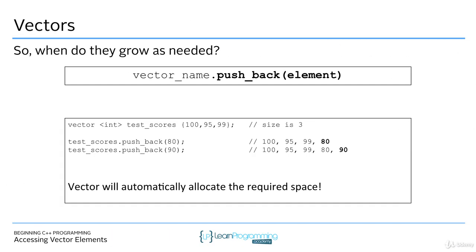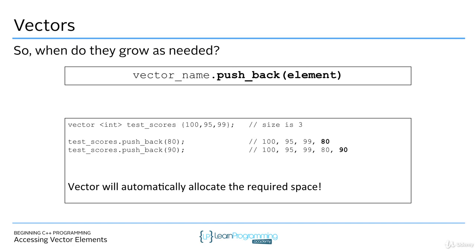The vector has a method called push_back that adds a new element to the end of the vector. Remember, all vector elements must be of the same type, so the element you add must be of the same type as all the other vector elements. In this example, we've created a vector called test_scores that contains 3 integers, 100, 95, and 99.